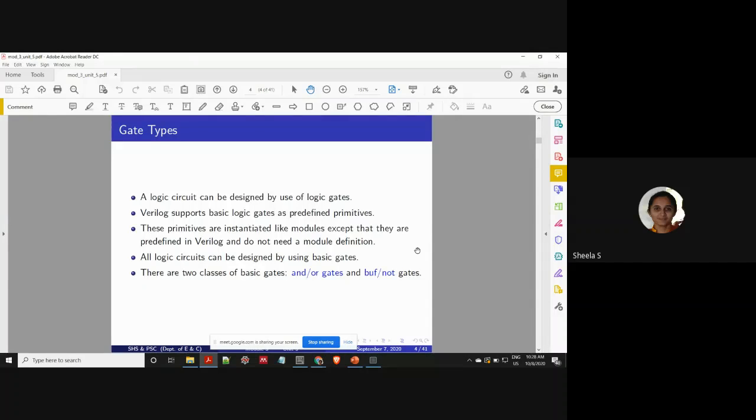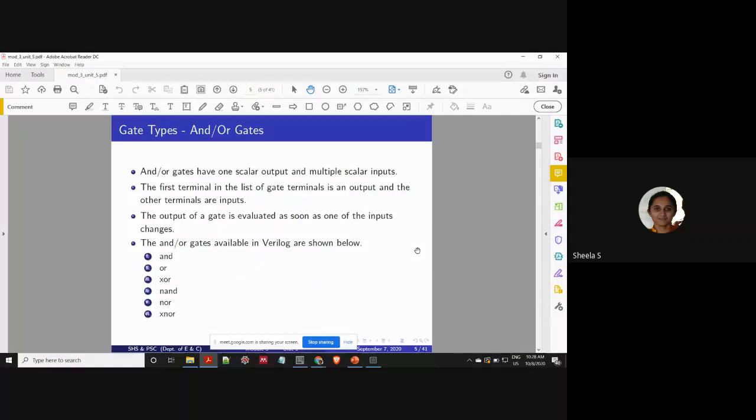One is basic gates, that is AND, OR gates, and the other class is buf or not gates. So one type of classification is AND, OR gates, and the other type is buf or not gates. In AND, OR gates, these are the different gates that are available in the library.